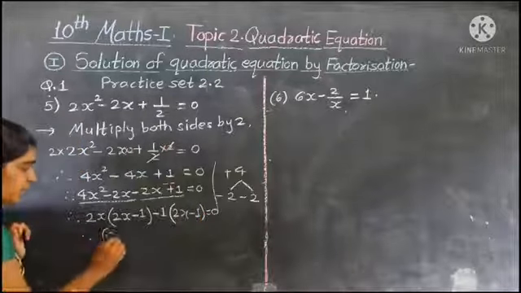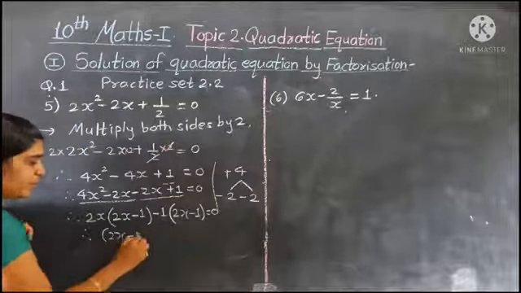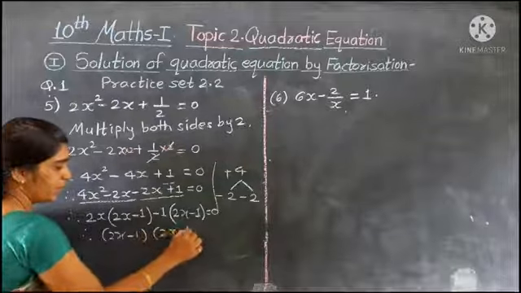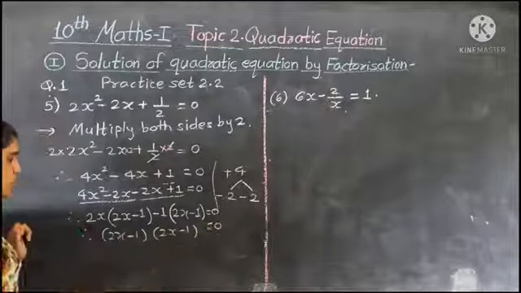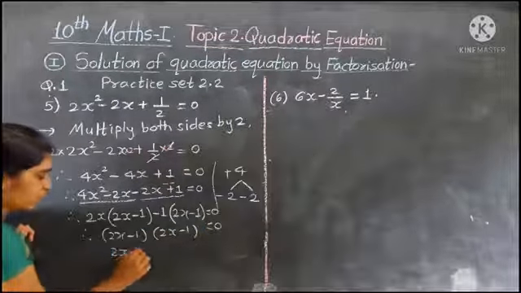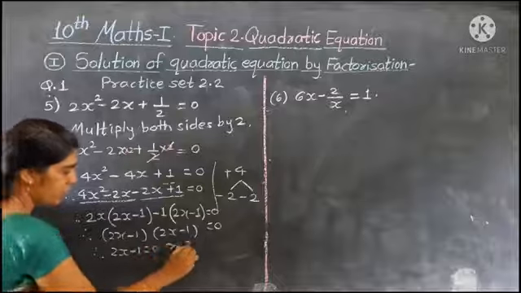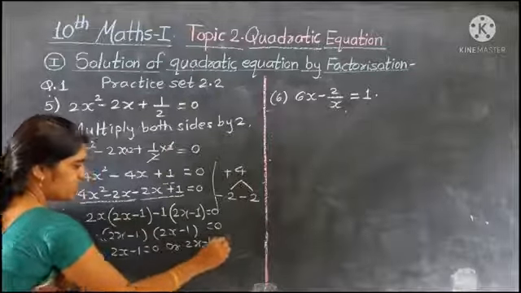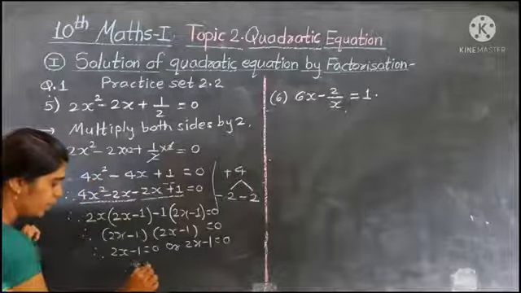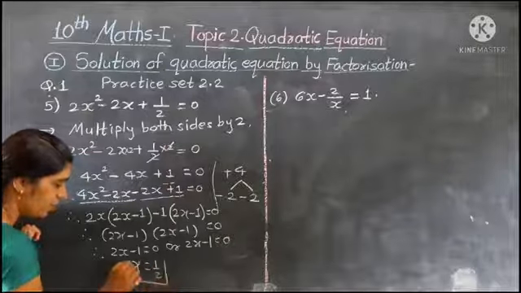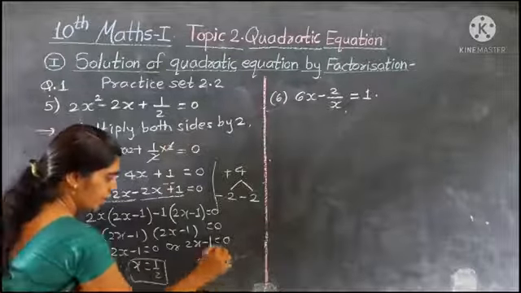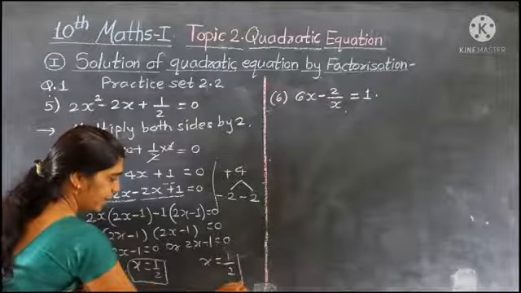That is 2x minus 1 is common and remaining 2x minus 1 is equal to 0. So we get 2x minus 1 is equal to 0 or 2x minus 1 is equal to 0. Therefore we get x is equal to half. And here also x is equal to 1 and here multiply gets divided.